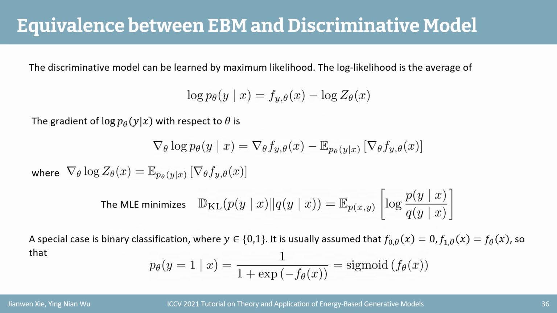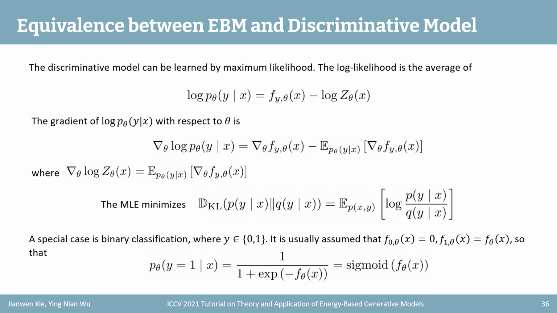We can learn the discriminative model by maximum likelihood. The gradient of the log likelihood with respect to the parameter theta involves an expectation term due to the derivative of log Z. The maximum likelihood minimizes the KL divergence between the conditional distribution of data and the model.